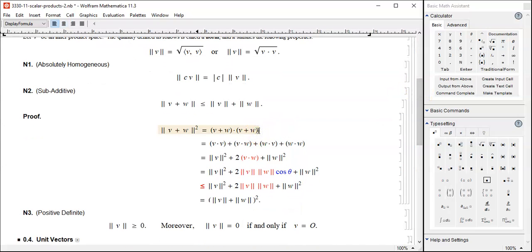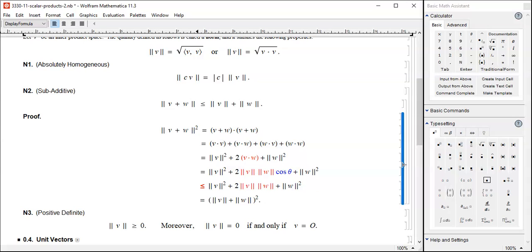Begin with norm squared and then take the scalar product of itself, fold it out, and then first and last, those are norm squared, those are okay, but the middle term, V.W, that's the scalar product, and you can overestimate this part by the product of the norms, and that's because V.W is the same as norm of V times norm of W times the cosine of theta, where the angle theta is the angle between those two vectors.